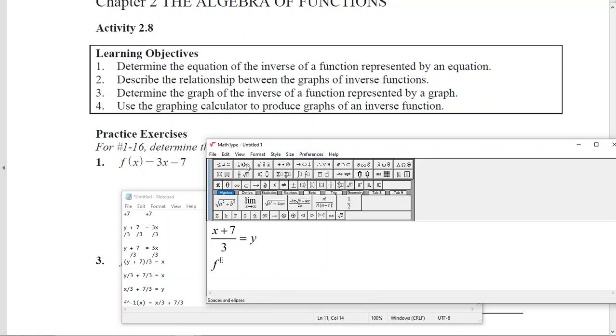We could have had f inverse of x being this big fraction, or I could have had f inverse of x being x over 3 plus 7 over 3. There we go. And again, it's the same thing, right? Because if you distribute this 3 across the denominator, it goes under the x and under the 7. So there's 2 ways to write it.